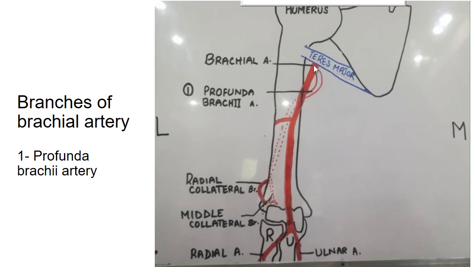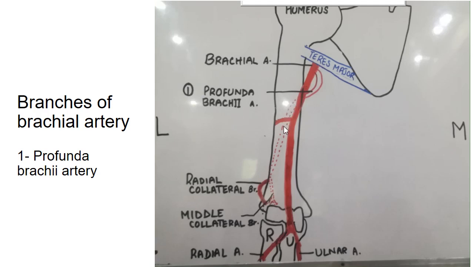This is the brachial artery which starts at the lower border of teres major muscle. Soon after its origin, the profunda brachii artery, this one, it turns backwards and passes through the radial groove which lies on the posterior aspect of the shaft of humerus.